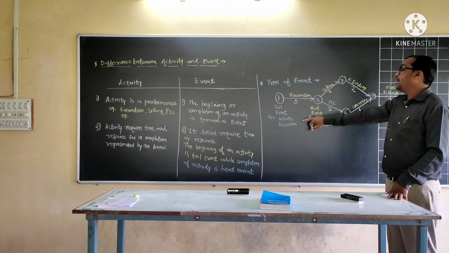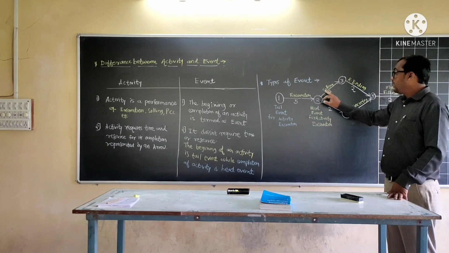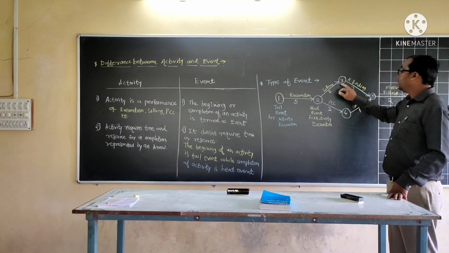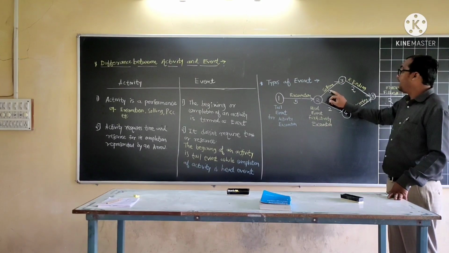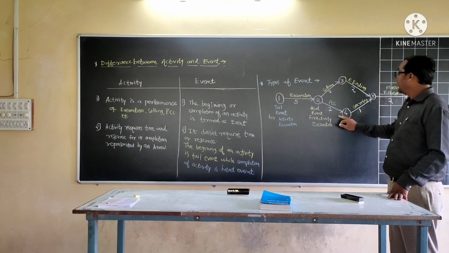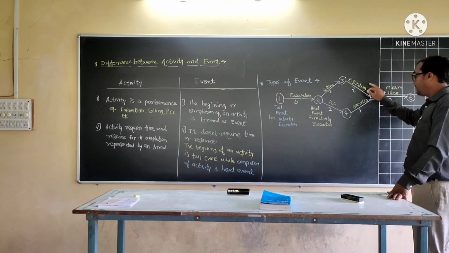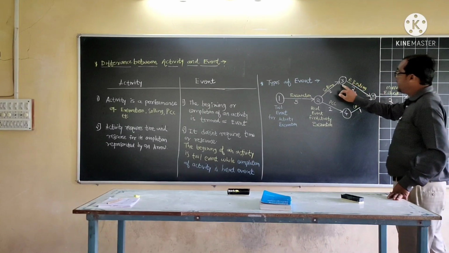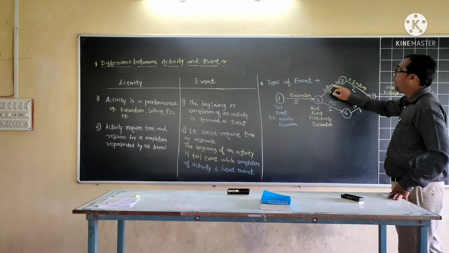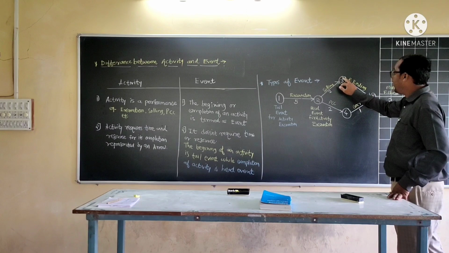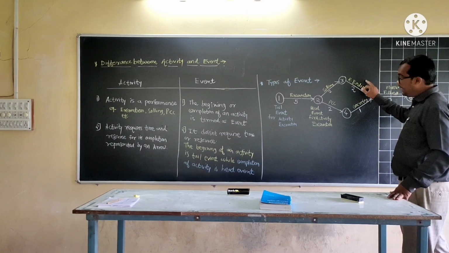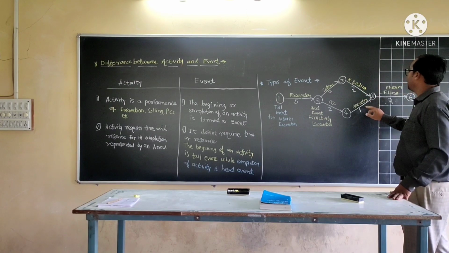Therefore, this is the tail event for the activity soiling and the activity PCC. Likewise 3 and 4: 3 is the head event for activity soiling and 4 is the head event for activity PCC. Likewise concreting and reinforcement binding. Previously event 3 was the head event for activity soiling, but at this point it is the tail event for activity reinforcement binding. Same here.